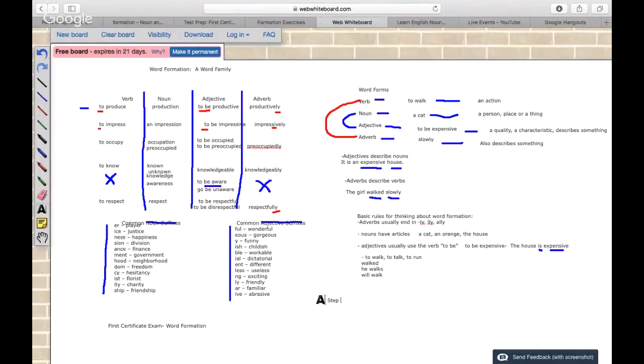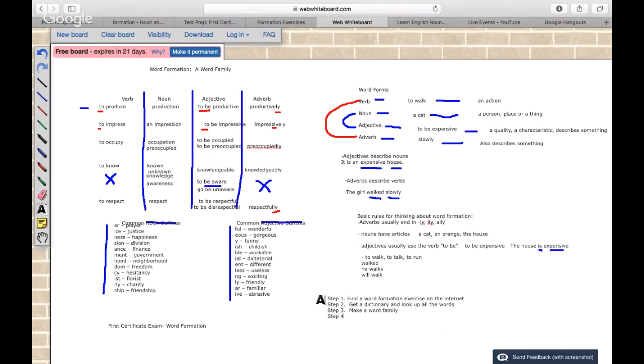So step one would be find a word formation exercise on the internet. Step 2 is get a dictionary and look up all the words. Step 3 would be to make a word family.